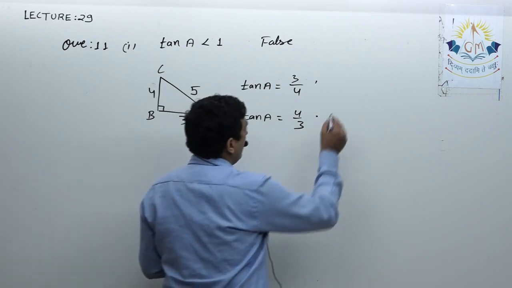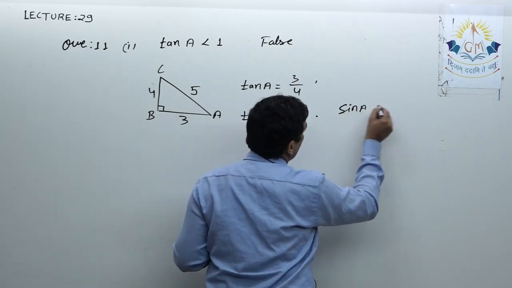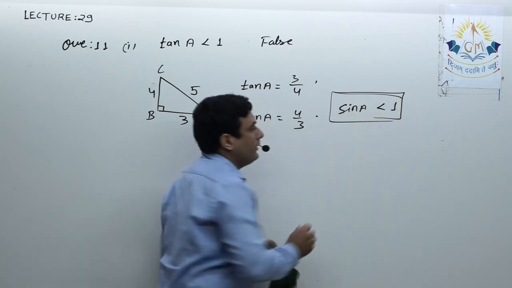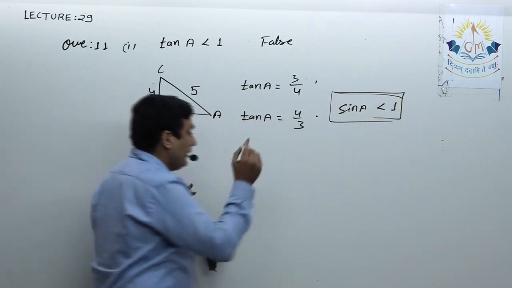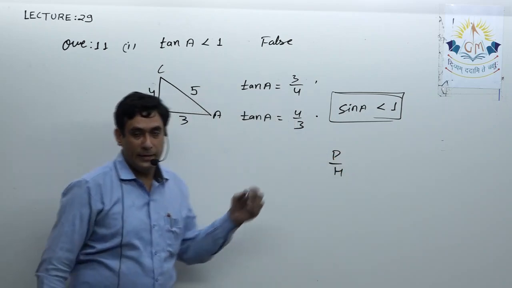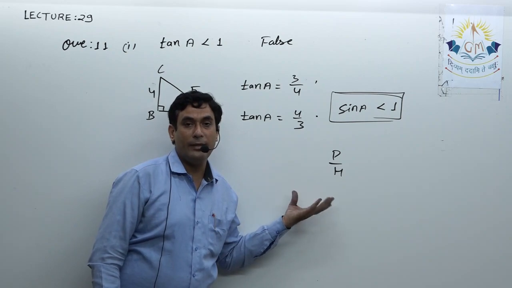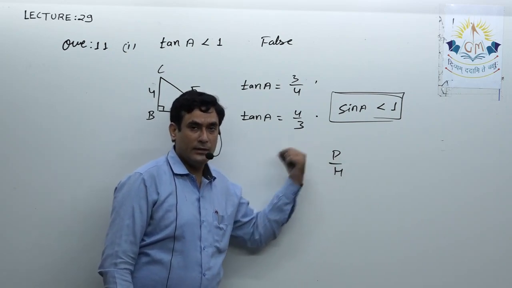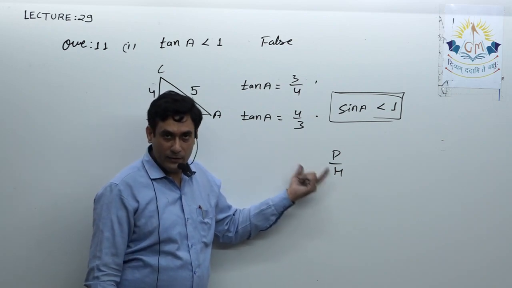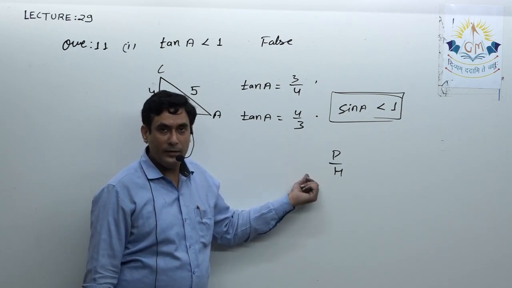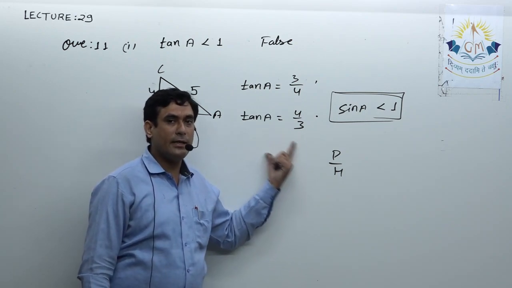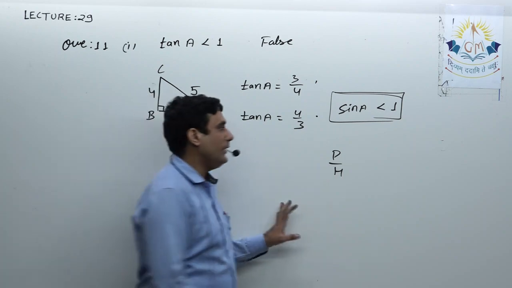Definitely we can say sin A is always less than 1. Can anyone justify how we can justify this? See, sin A, we know, is perpendicular upon hypotenuse. And as I told you, whenever the denominator is greater than the numerator, the fraction is less than 1. Hypotenuse is the longest side. It means the denominator is always greater than the numerator, so definitely the fraction will be less than 1.